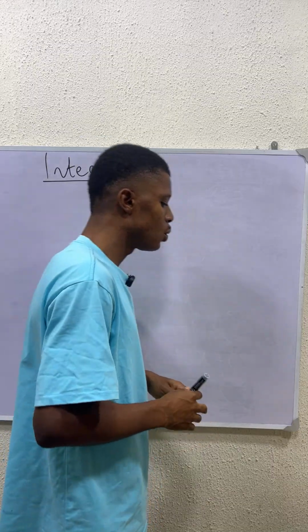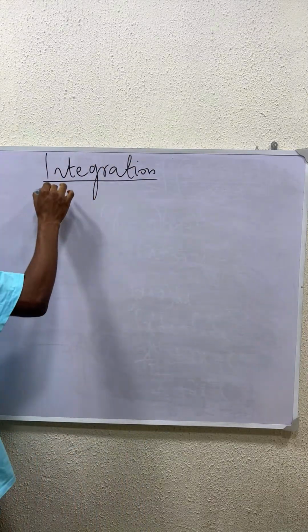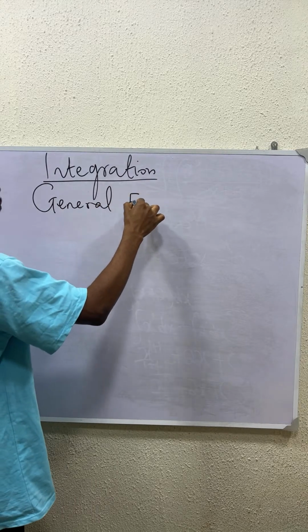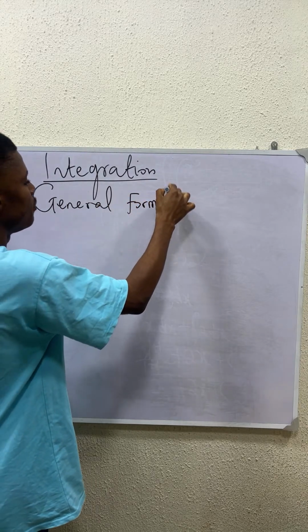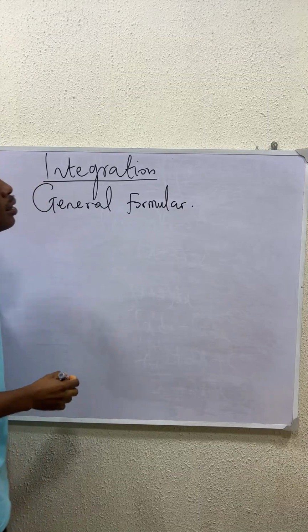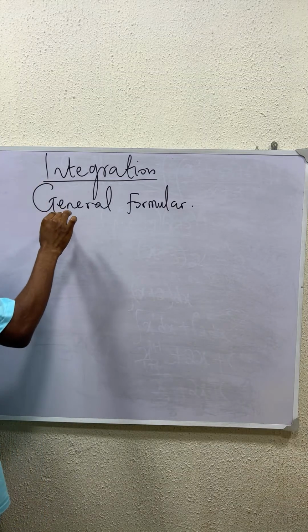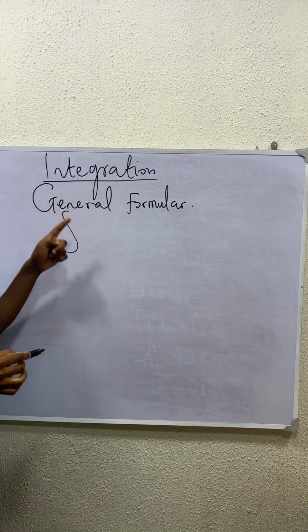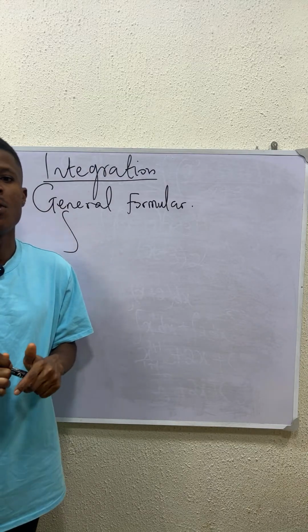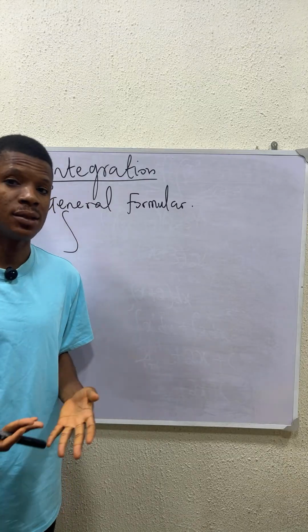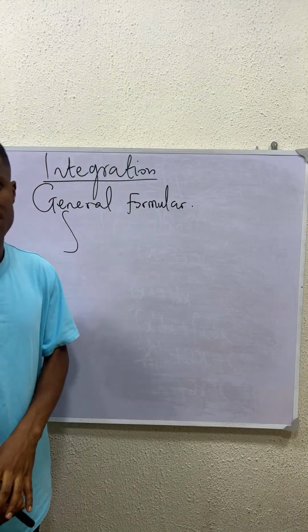So in integration, we have a general formula. For instance, we use the elongated S to denote it. Whenever you see the elongated S in calculus, we are talking about integration. So this is the integration sign.